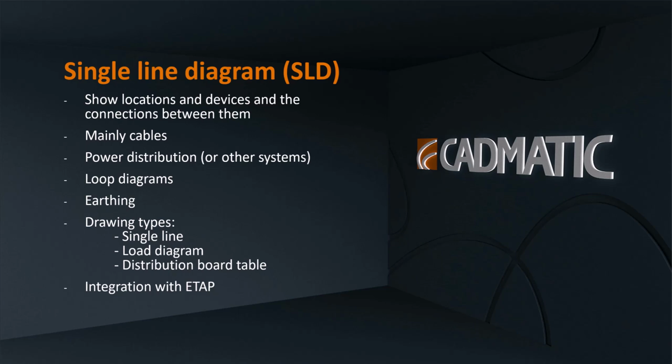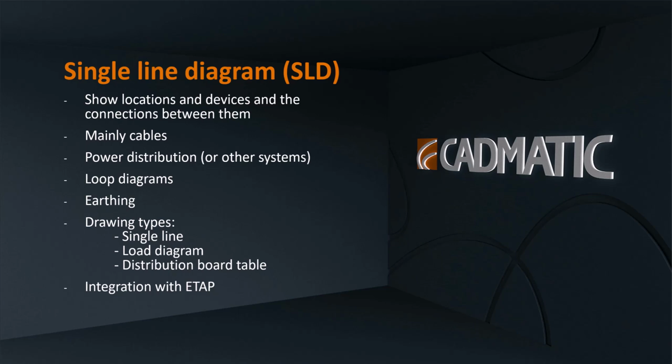Then we have this load diagram, which is used, for example, in industrial sites for this power distribution from the cabinet onwards, but still showing the connections only with the cables. And then we have the third option. It's quite old technology already, mostly used in Nordic countries. It is this distribution board table. I will show you an example of all these three in this webinar a bit later on.